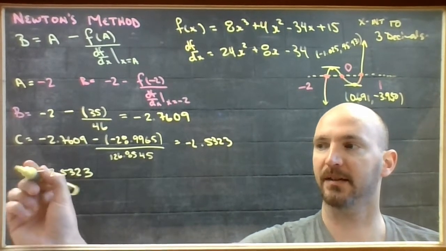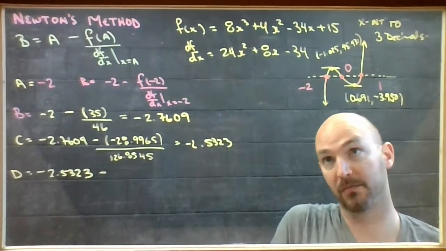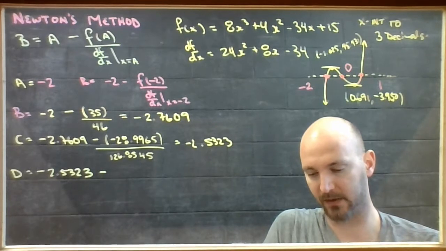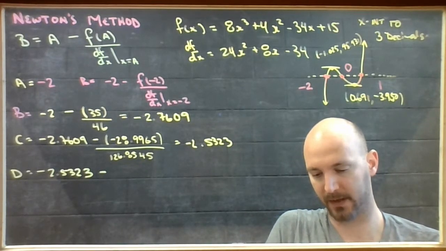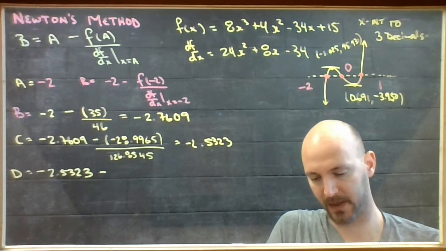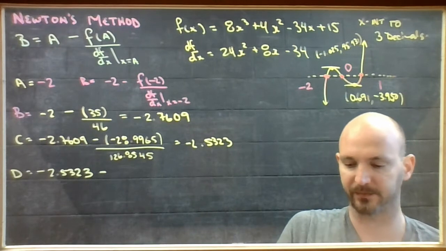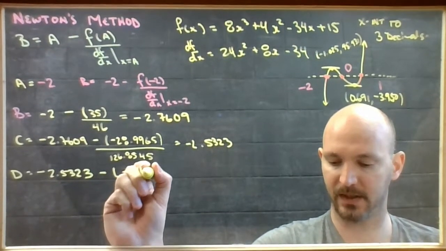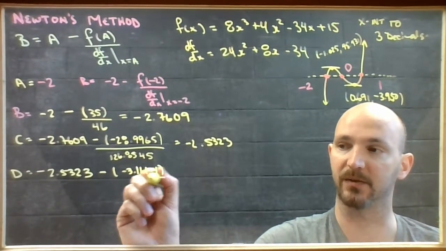So for my next guess, we're going to have to take that answer and plop it into my function. So 8 times that answer cubed plus 4 times that answer squared minus 34 times that answer plus 15 gives me -3.16140. That's my 3 decimal places plus 1 extra number.